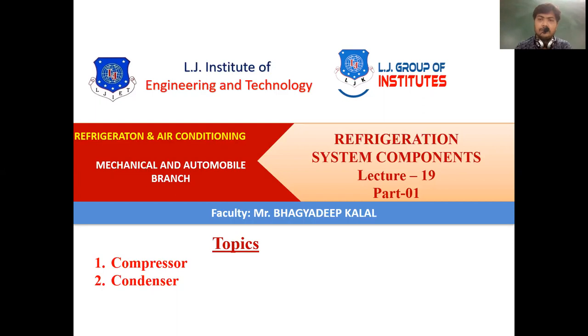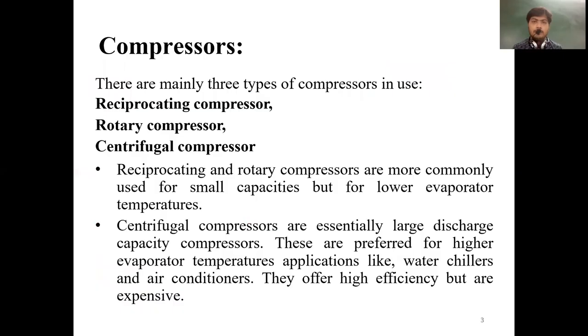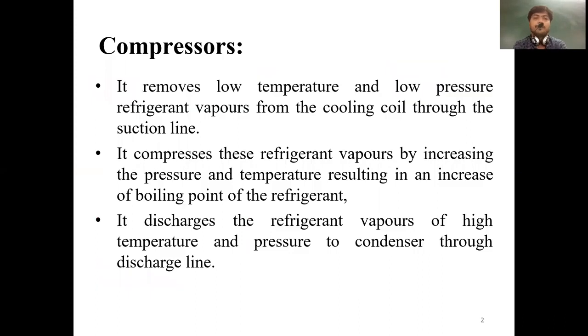Now let us start to explain what a compressor is and the types of compressor. We already know the function of a compressor. Basically, the functions of a compressor and a pump are the same: to increase the pressure.